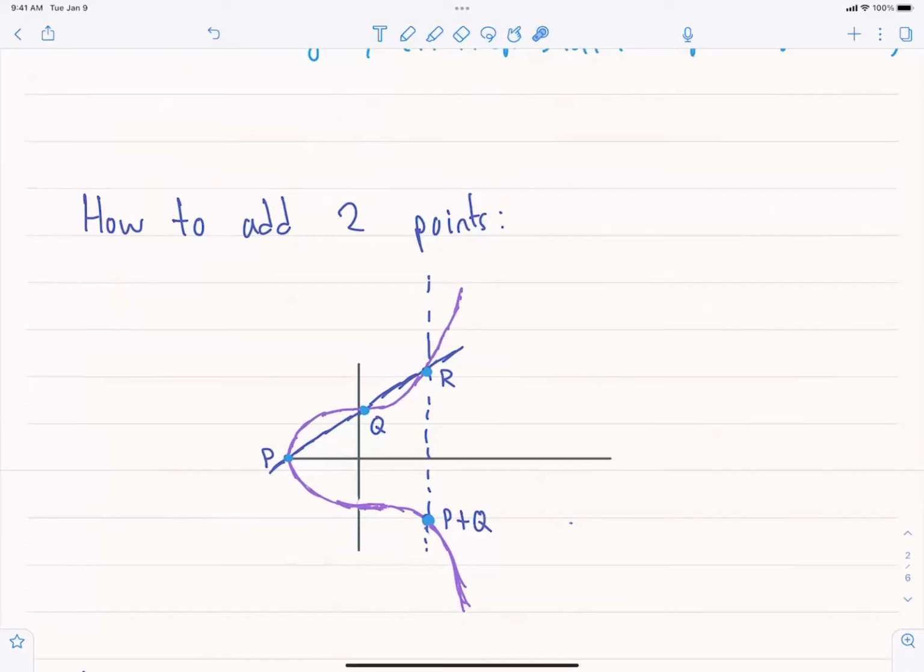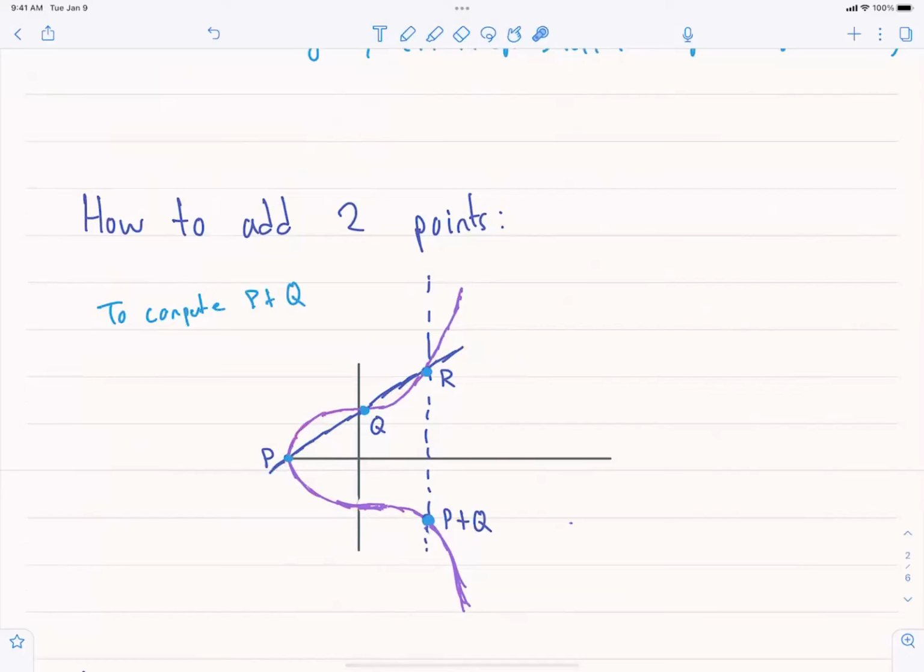Say I have two points P and Q, and I want to compute P plus Q. So I start with P and Q, and then I just draw the line between them. And it turns out that, except for one exception I'll talk about in a second, when you draw this line, there's going to be exactly one other point where it intersects this elliptic curve.